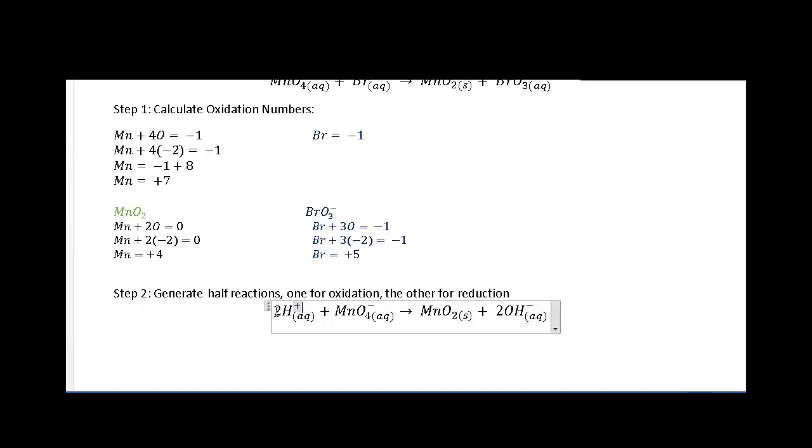Whatever I do on the reactant side, I'm going to do on the product side. So to neutralize the 2 H+, I'll add 2 OH- on the reactant side. And because, again, whatever I do on the reactant side, I must do on the product side, on the other side here I'm going to add another 2 OH minus.